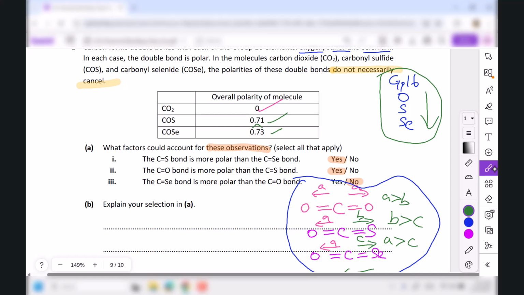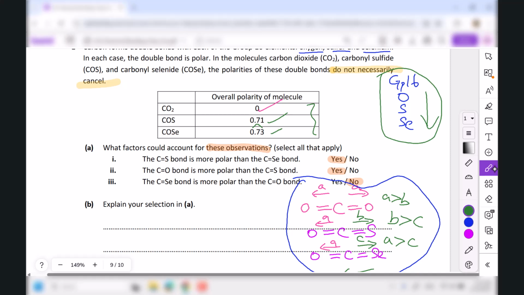Okay, and the evidence is given by the table here, because as the CX bond becomes increasingly less polar, the cancellation of the CO polarity will be reduced, or rather will increase.